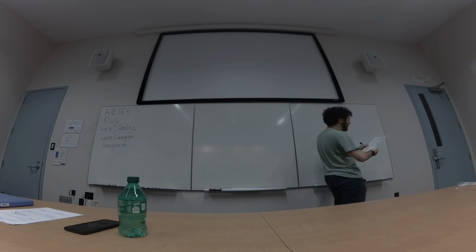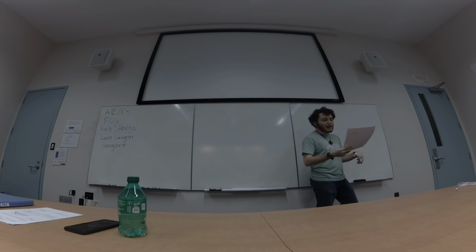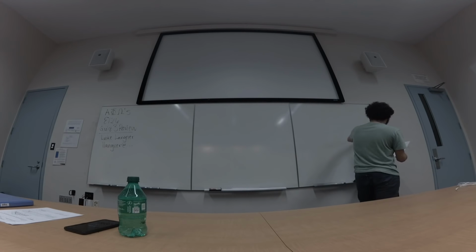So what this problem gives is a truss and the reactions, and it's just asking you to find a couple of member forces. So I'm just gonna draw that real quick.